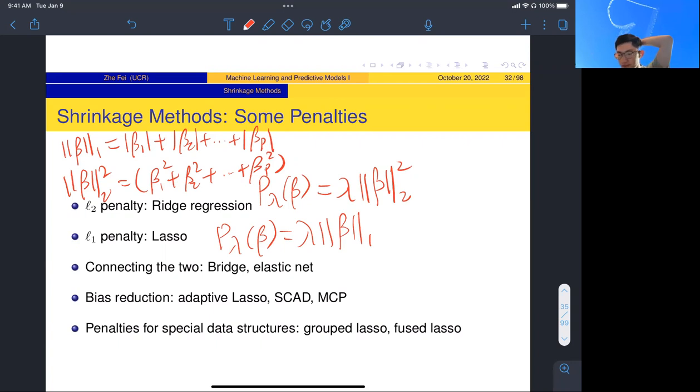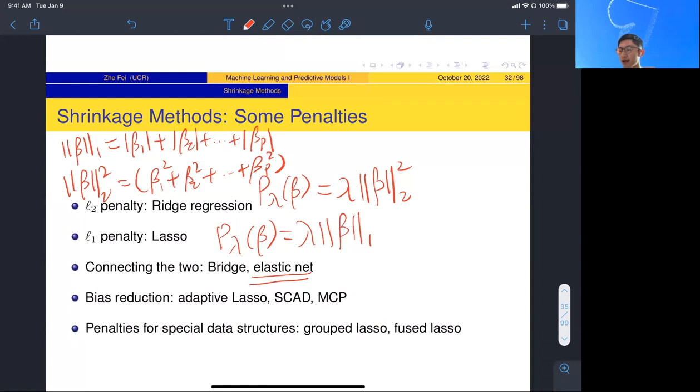We may not go into all the details, but the bridge, elastic net, adaptive lasso, and so forth are generalizations or extensions of these two basic L1 and L2 penalties, and that's the focus of our material here as well. Maybe some of you have heard of elastic net, which is also widely used, and I think it's worth pointing out.